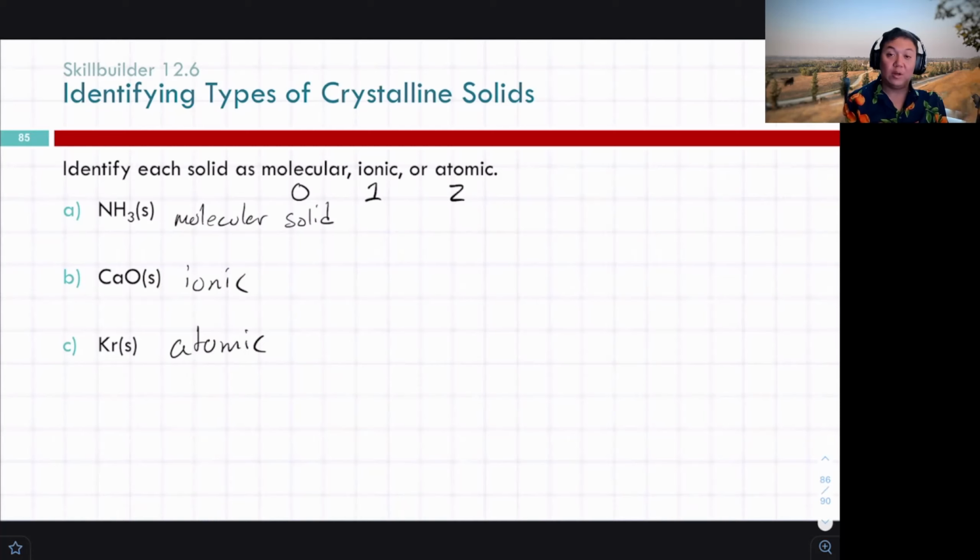If you have one type of atom and you're told that it's a solid, then that is an atomic solid. So your first question could be, is there more than one element? If the answer to that is no, that's an atomic solid.